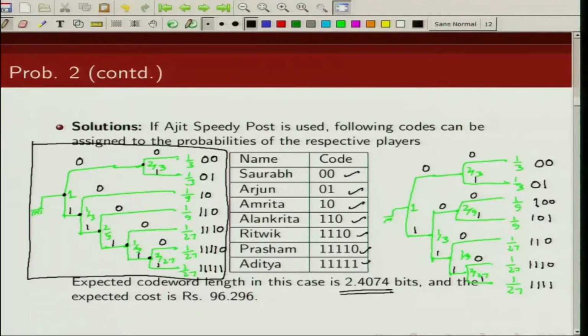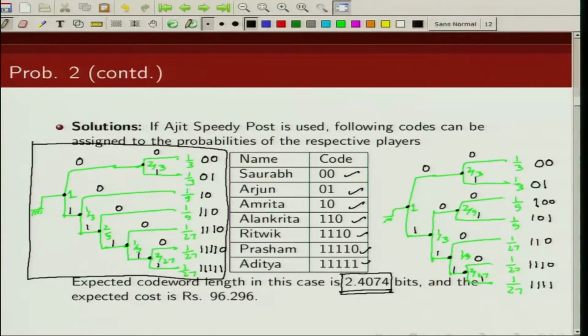We can calculate the same thing from here and we'll get the same answer. You can verify 1 plus 1 by 3 plus 1 by 9 plus 2 by 27 plus 2 by 9 plus 2 by 3. You get the same. So the expected code word length, if we use a binary Huffman code, is going to be 2.4 bits.